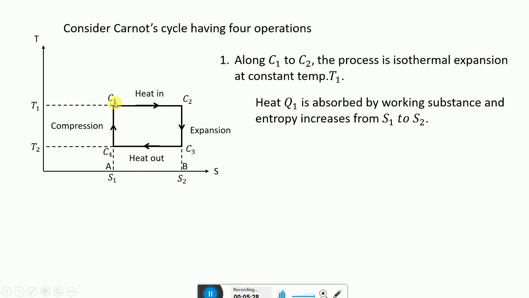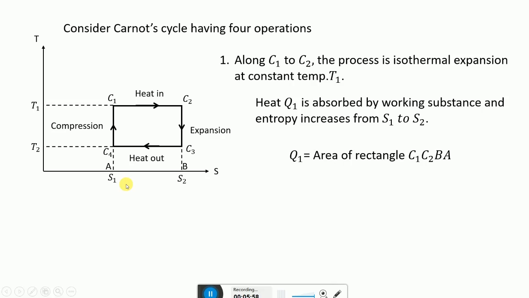See this point S1, C1, C2. At C1 entropy is S1 and at point C2 entropy is S2, meaning entropy increases from S1 to S2. Means the value of Q1 is equal to the area of the rectangle C1, C2, B, A. This is the value of Q1.